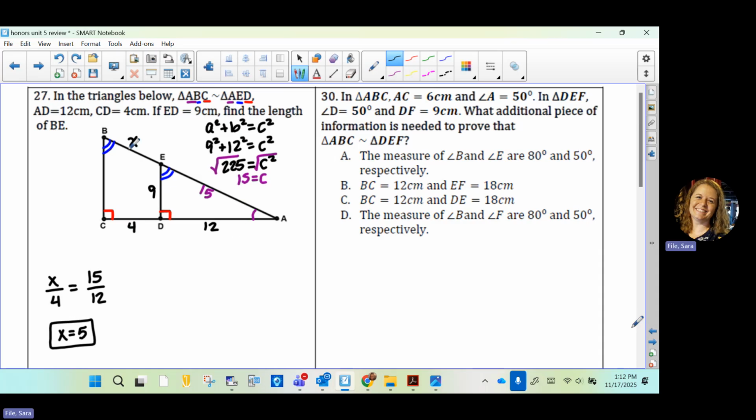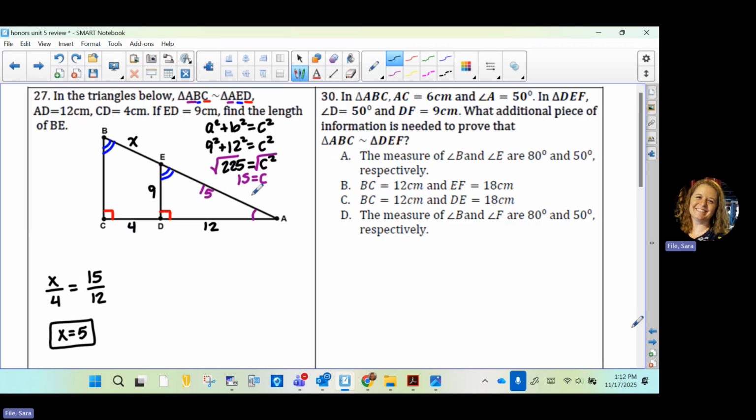Or you could write BE is to CD as EA is to DA. Either way. But we're missing two of those pieces. When we have a proportion, we can only be missing one piece. So that's what they gave us the 9 for here, to help us find EA.